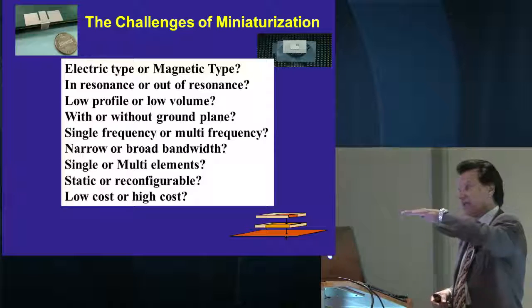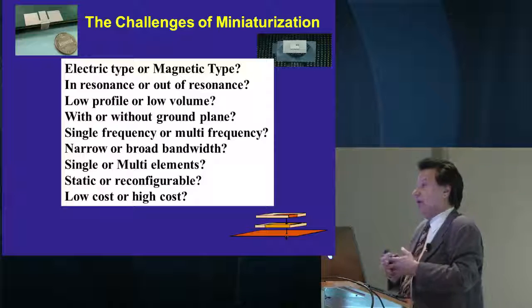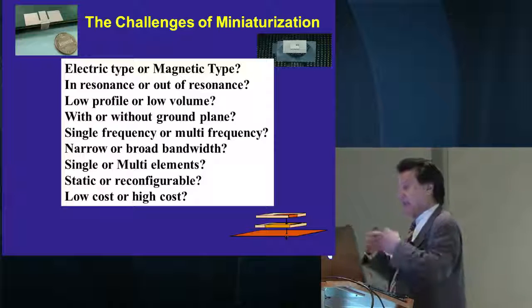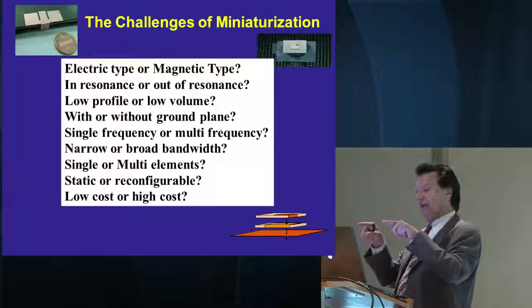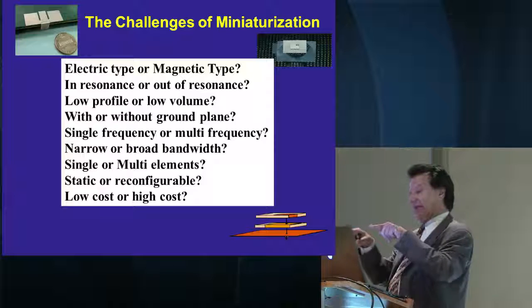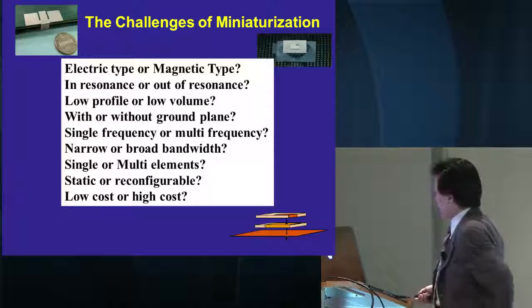If you use patch antennas, even though there is no magnetic current in nature, it doesn't preclude us from thinking about an effective magnetic current. The edges of the patch antenna create an equivalent magnetic current, so a patch antenna could be considered magnetic type.